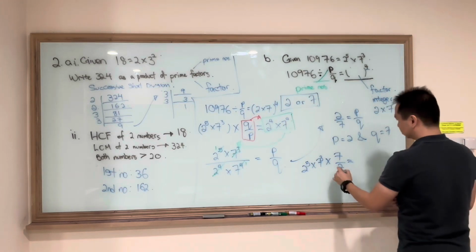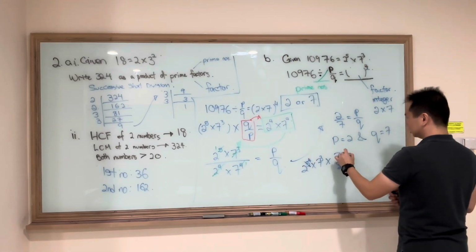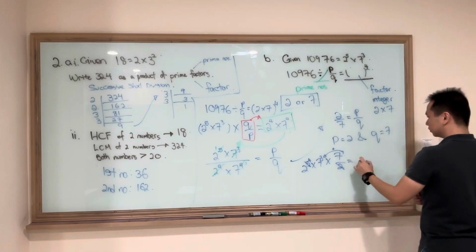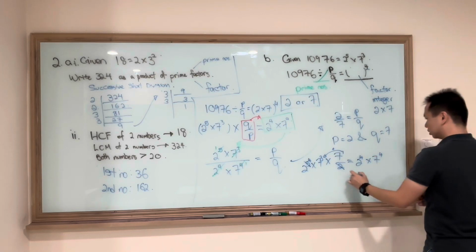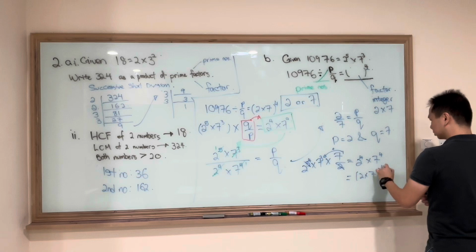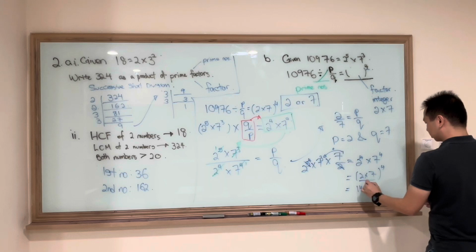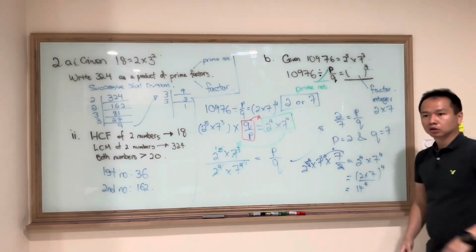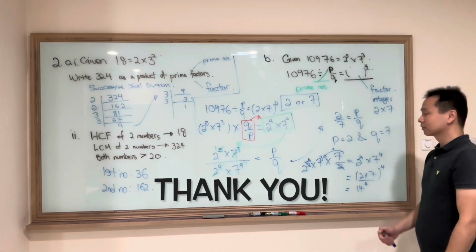I will get, so this one can cancel off, put a 4 here, this one is a 1 and I add to this one. So I'll have 2 to the power of 4 times 7 to the power of 4. If I take out the power, I have 2 times 7 to the power of 4. 2 times 7, eventually I'll get 14 to the power of 4. Alright, so far any questions? Clear about this? Okay, thank you so much.